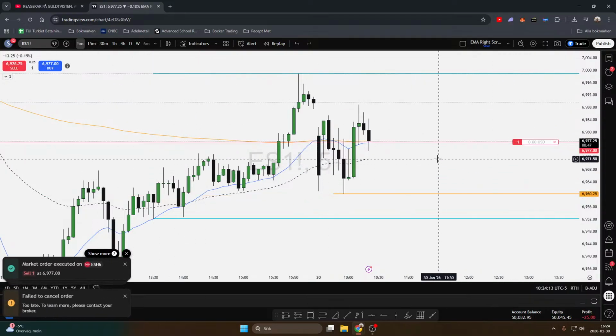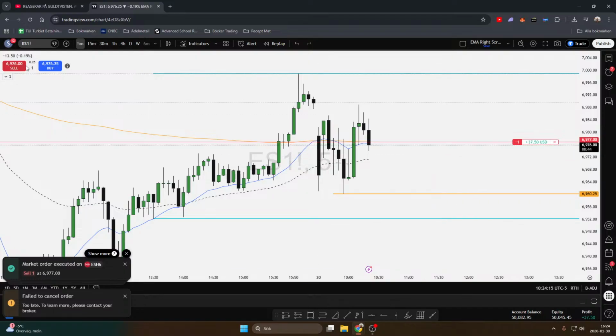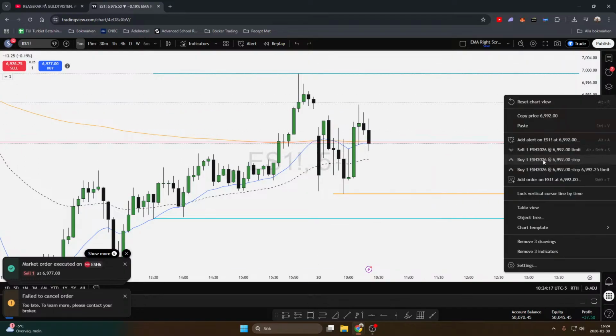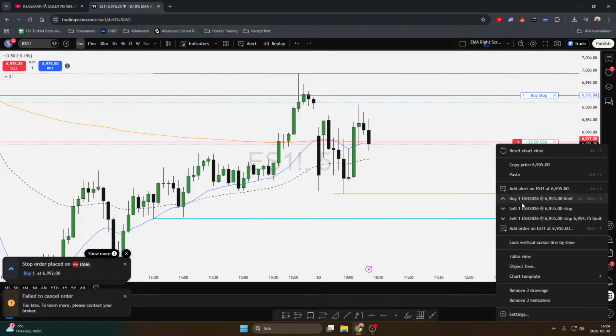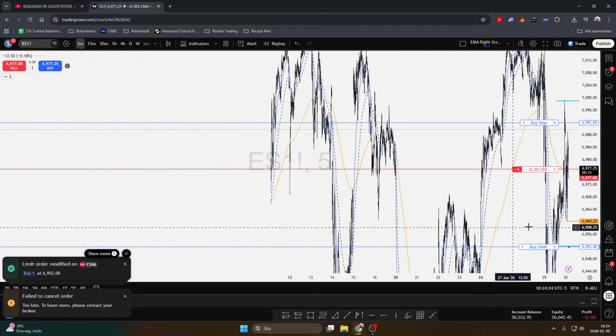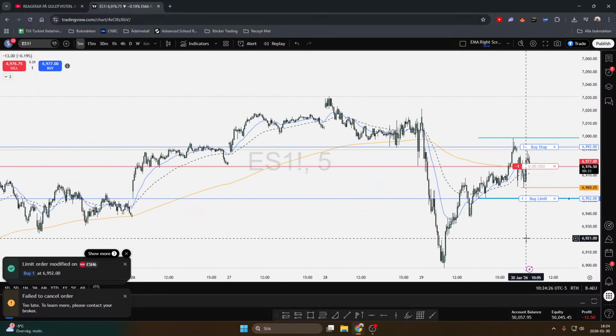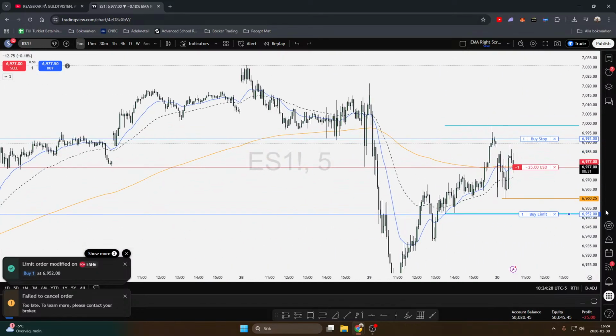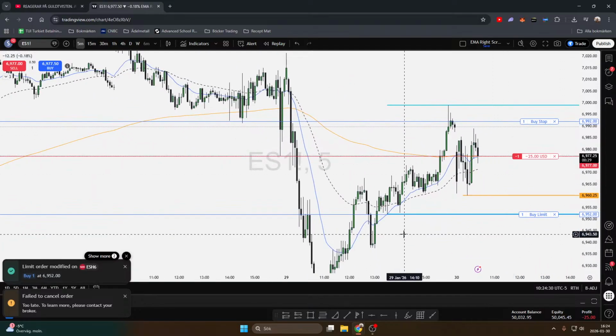And now we're ignoring my setup that I was trading and focusing on my regular setup, which is, how to explain it? I trade EMAs.